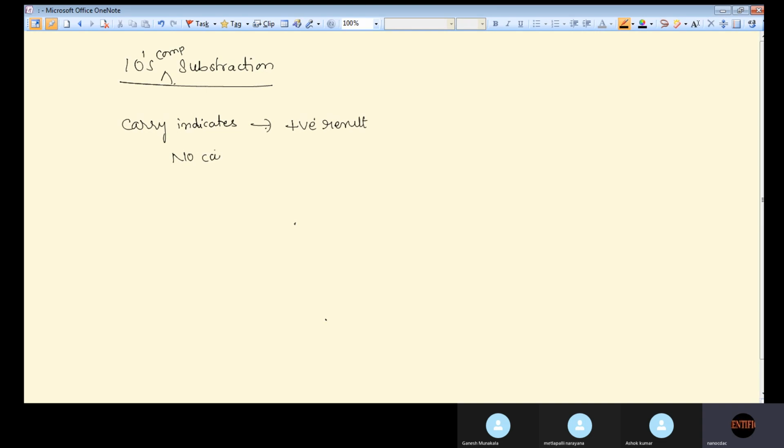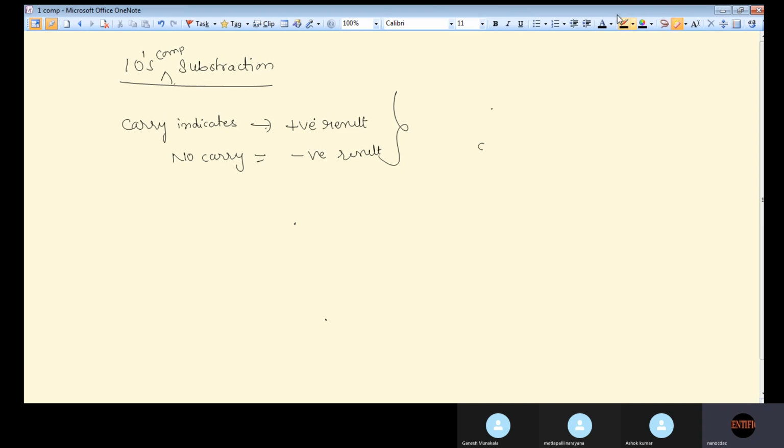No carry means the answer is a negative result. You need to remember this, and this is reversed in nines complement. Only these things you need to remember.